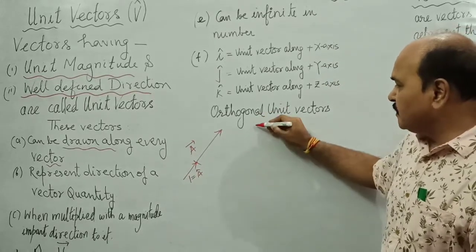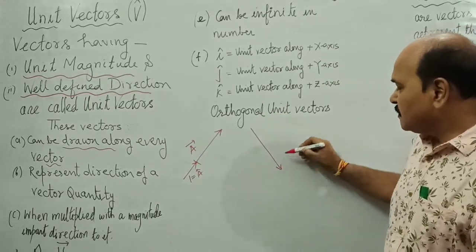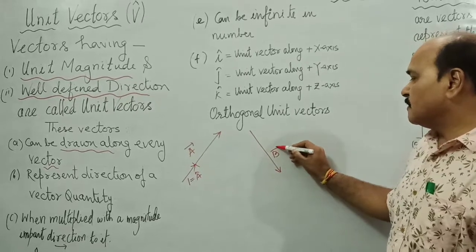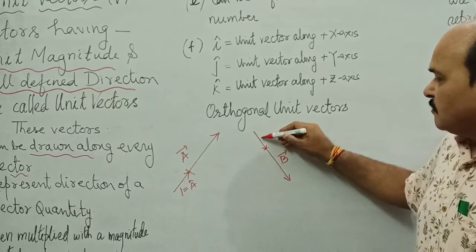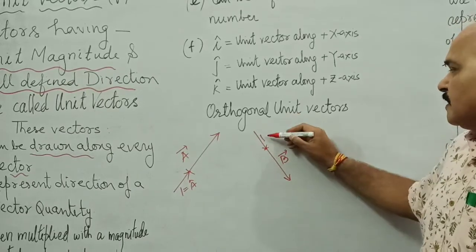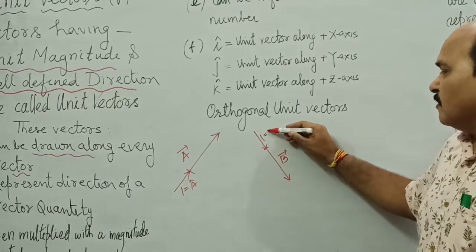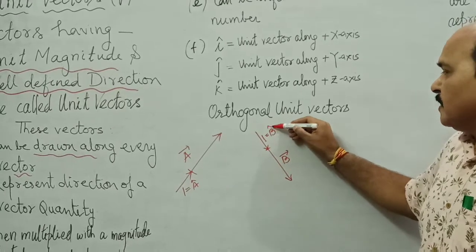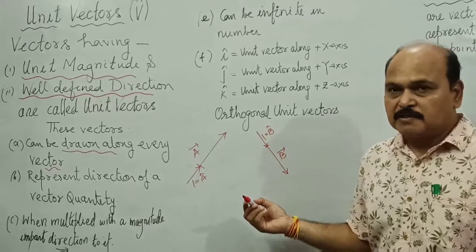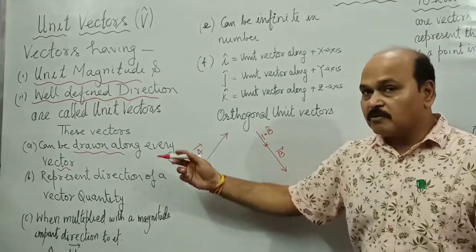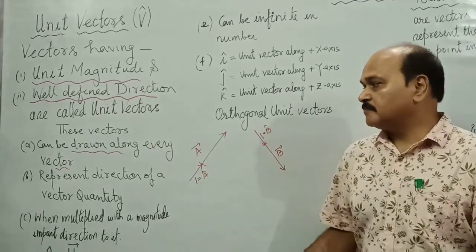If this happens to be a vector, say B vector, and we cut out a unit length from this, this unit length along B vector is going to be the unit vector along this vector. So unit vectors can be drawn along every vector.